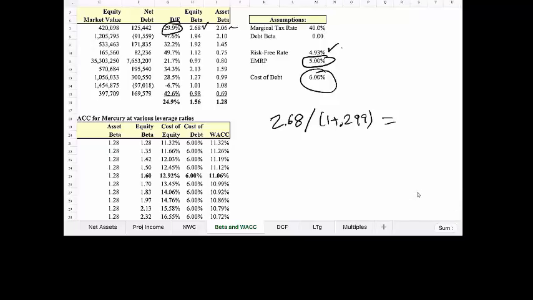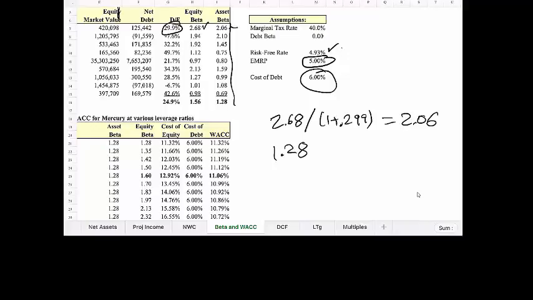So we'll unlever all of these betas, and then in this case, I believe they just came up with a simple average, as you can see from the formula bar up here. So we'll use that simple average. So now we have an asset beta of 1.25. What we want to convert that to is an equity beta using Mercury's debt to equity.